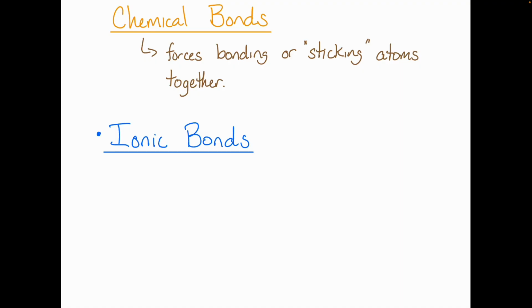I'm going to leave a bunch of room here to make some notes about ionic bonds, but the other type of bond that we're going to talk about are covalent bonds.